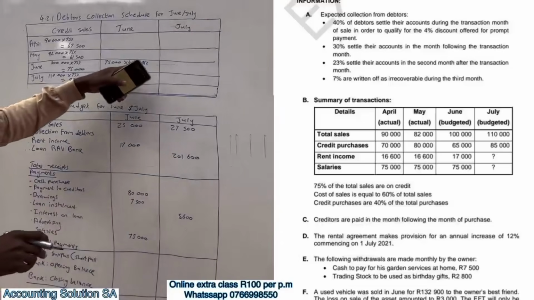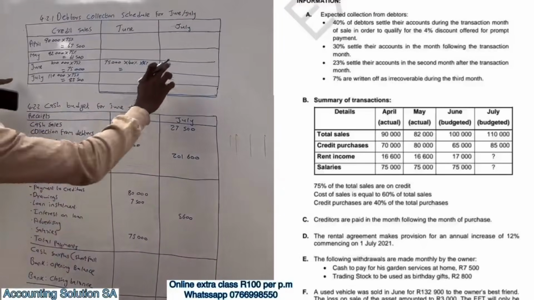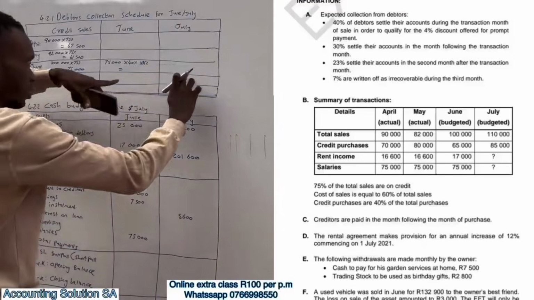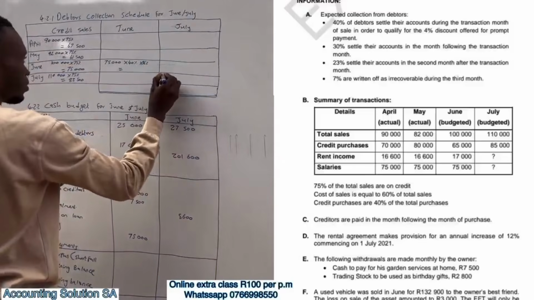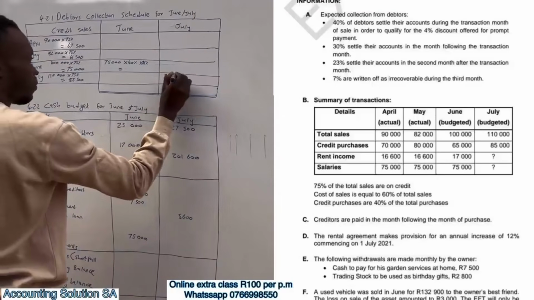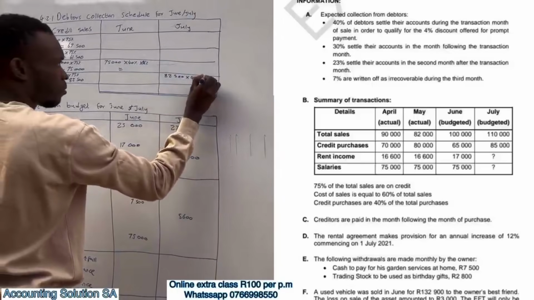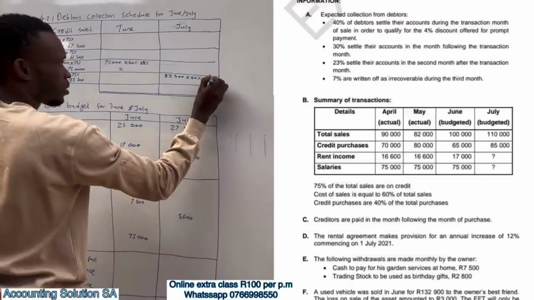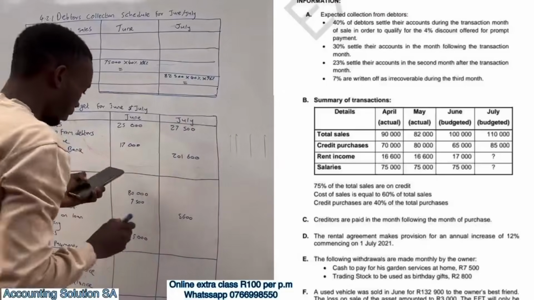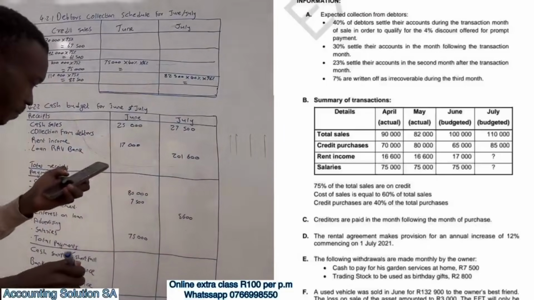Now, let's do July and July, where they meet here. It's going to be 82,500 multiplied by 40%, multiplied by 96%. Okay, now let's calculate.